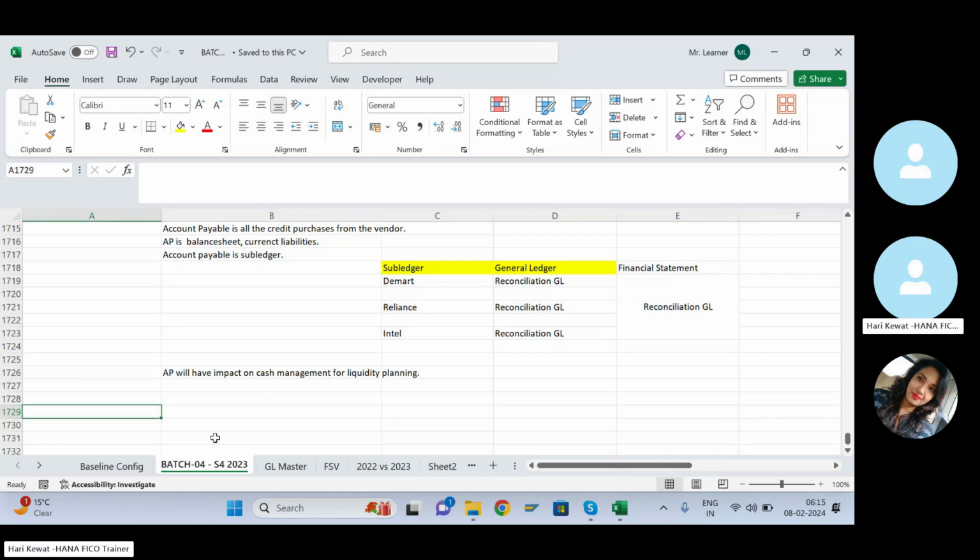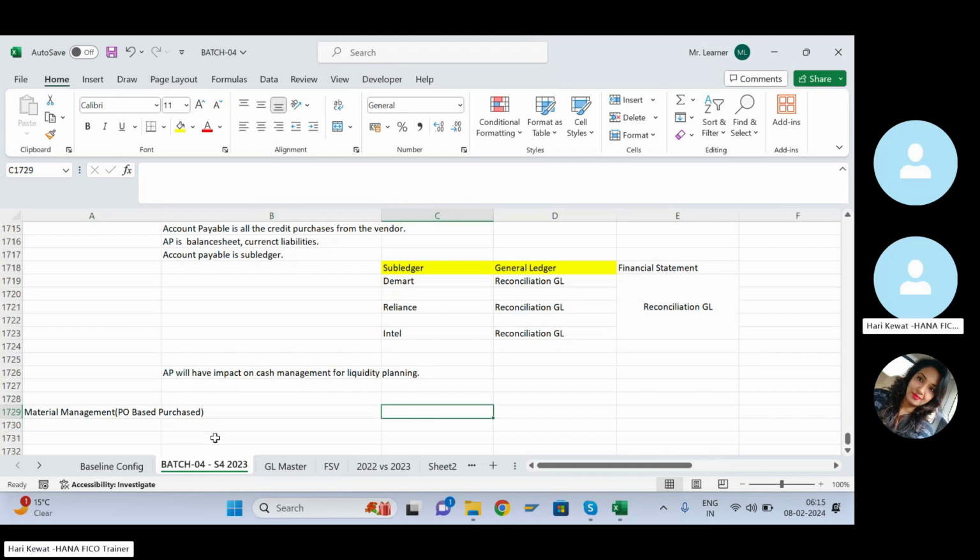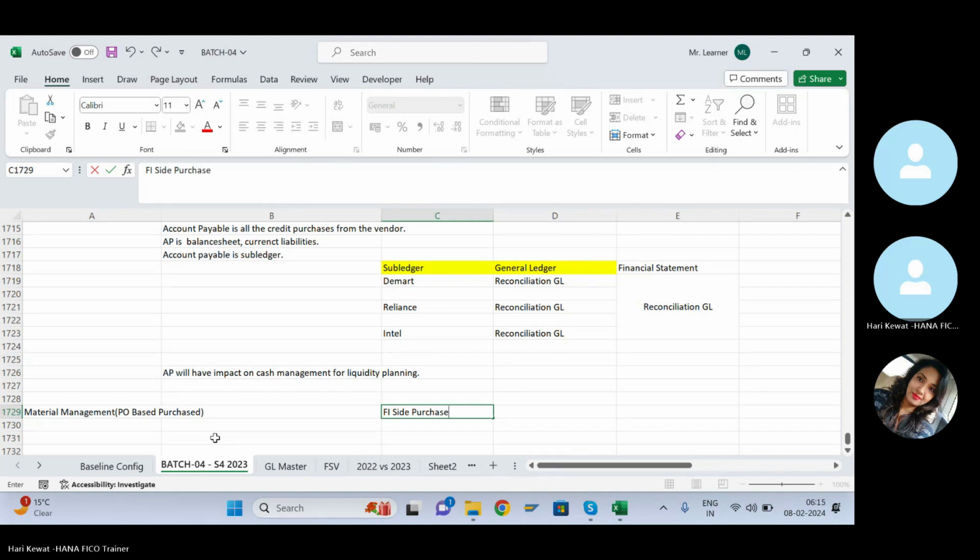One is known as material management side purchases, also known as PO purchases, or PO based purchases. Another is known as FI side purchases, also known as non-PO based invoices, or non-PO based purchases.